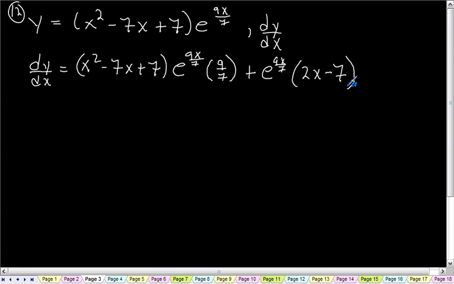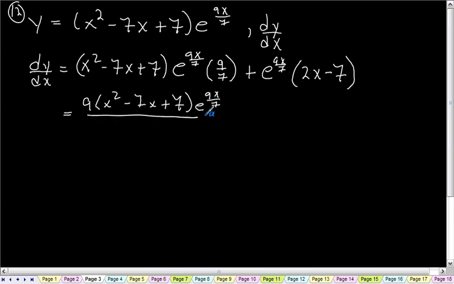There's some distribution that we can maybe figure out to simplify just a little bit. What I could do, this I'm going to rewrite a little bit. I'm going to write this like 9x squared minus 7x plus 7 e to the 9x over 7.